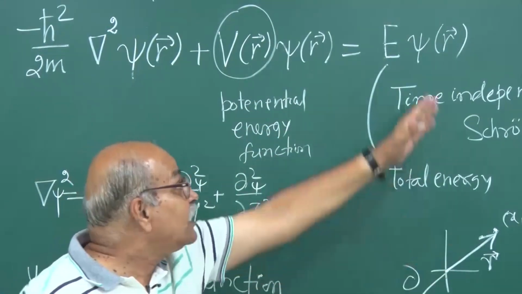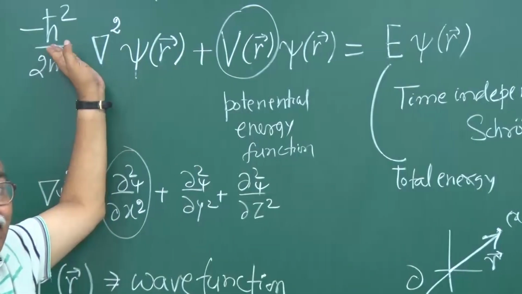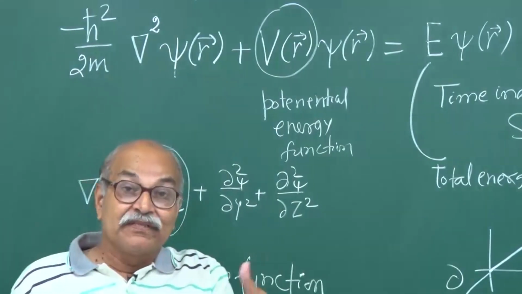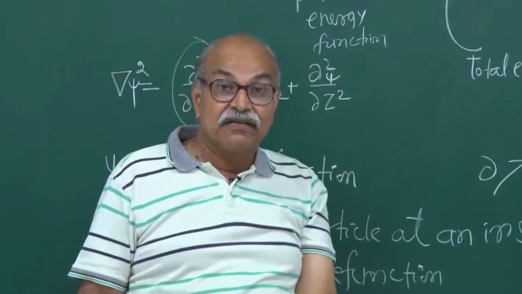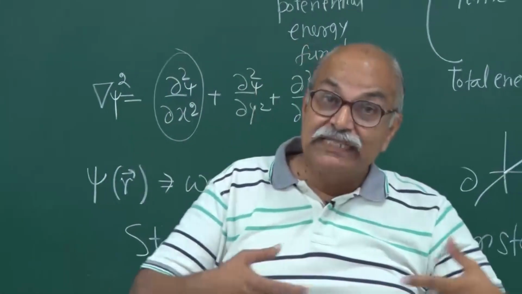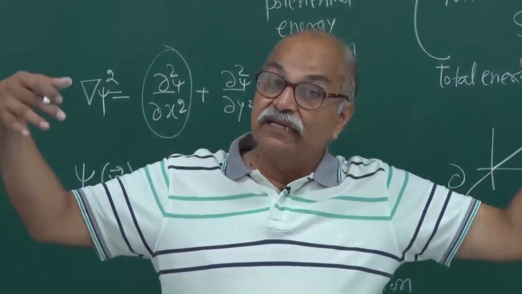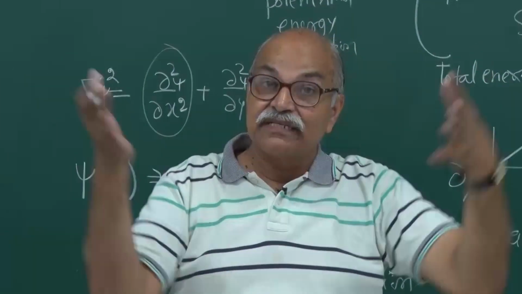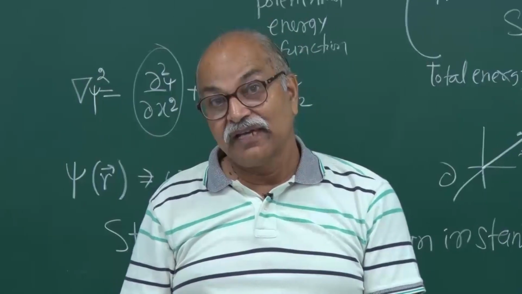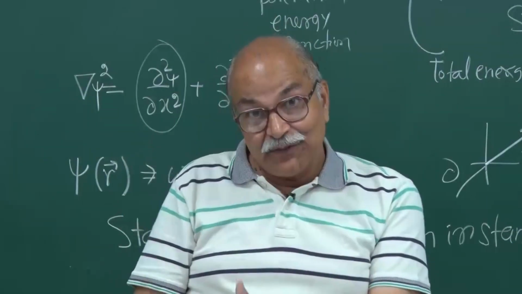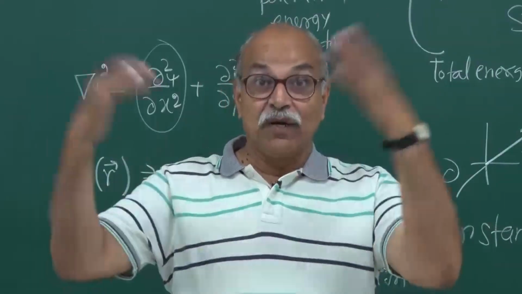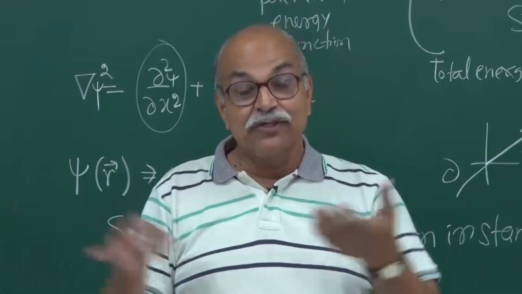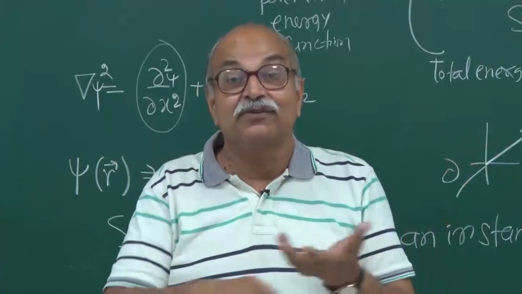so that this equation is satisfied, and there are certain restrictions on this wave function. For example, this wave function should go to 0 at very large distances from the potential centers. If I square it and integrate, it should not blow up or go to infinity. It should not be a discontinuous function; it has to be continuous.